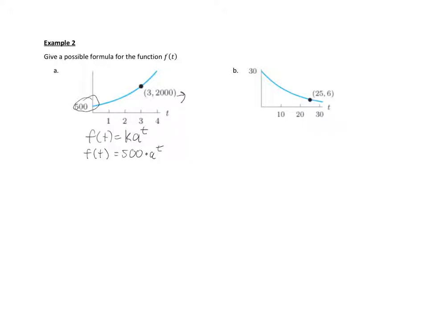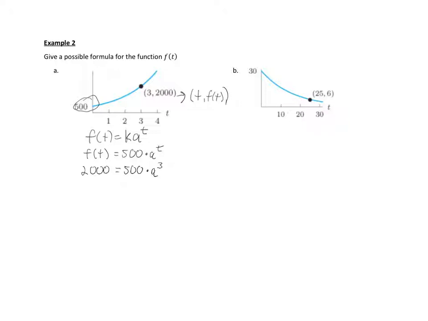We're going to use this fact right here, that this is a t and an f of t. And we're going to plug that in and work backwards. So we're going to let f of t be 2,000. And that would equal 500 times a to the third power, because I'm plugging in 3 for t.